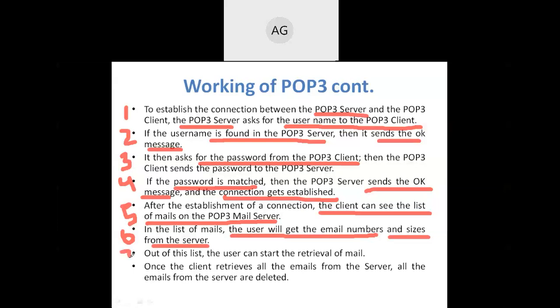Then in the next step, out of this list the user can start retrieval of mails. Once the client retrieves all the emails from the server, all the emails are deleted from the server.